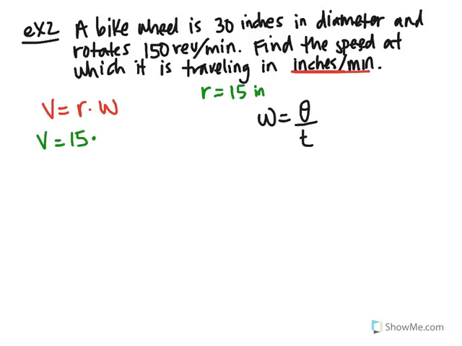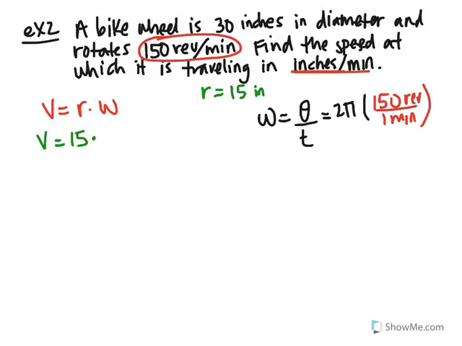And to find theta, we're going to multiply 2 pi times the number of revolutions. So we have the number of revolutions as 150 revolutions per 1 minute. And so we're going to multiply it by 150 revolutions. And this is what we're going to multiply.